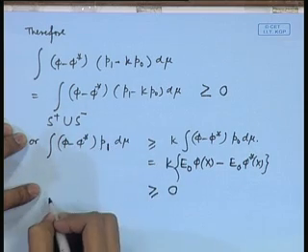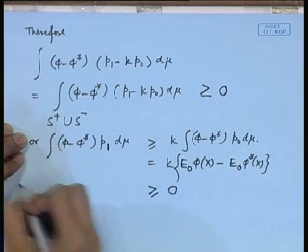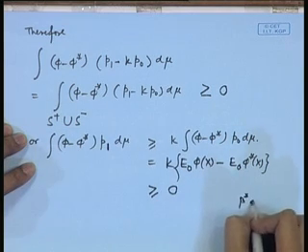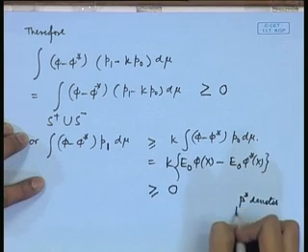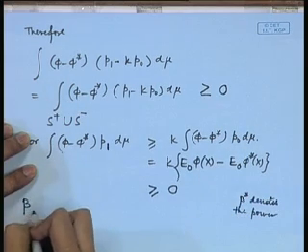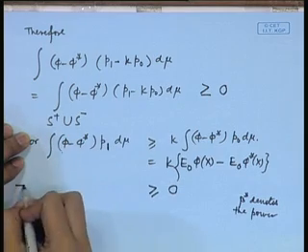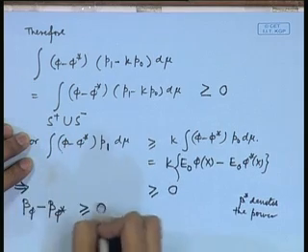So we use the notation beta for the power. Let me say beta denotes the power function. Then this is beta phi minus beta phi star, and this is greater than or equal to 0.